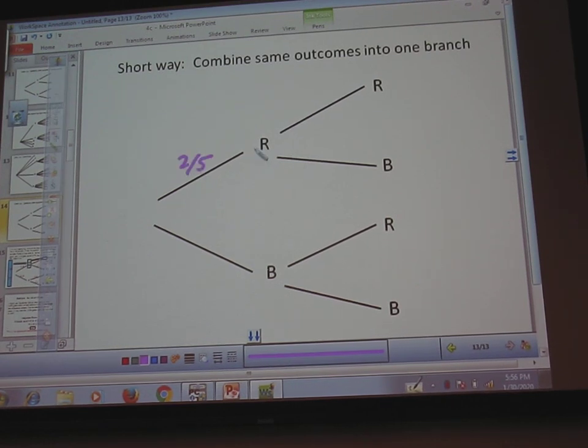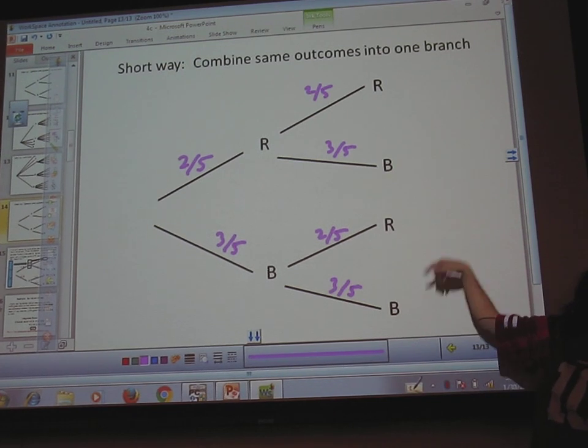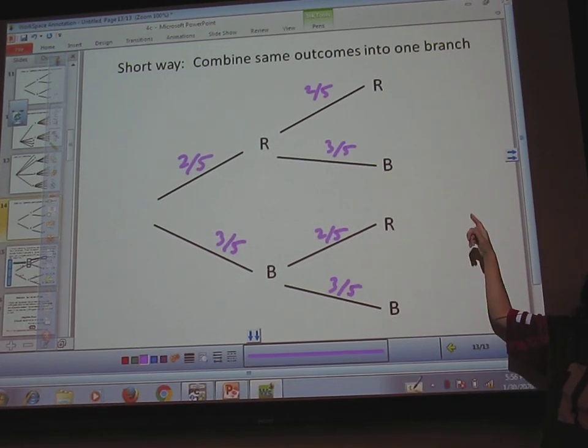So the probability of going to red is now, they're not equally likely anymore, 3 out of 5. The second red, again, 2 out of 5, because they're with replacement. Blue is 3 out of 5. So now the probability of getting here is not 1 out of 4 anymore, because they're not equally likely. Do you guys see what I'm saying?